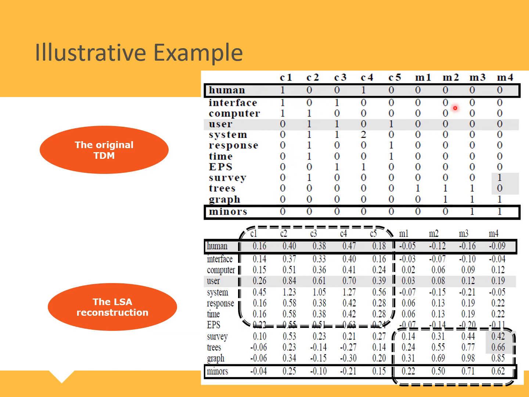So for example, let us look at a word here, let's say survey. Or maybe this is not the right example, let us look at the word trees. This word trees is nowhere present in any of the titles from the area human computer interaction.